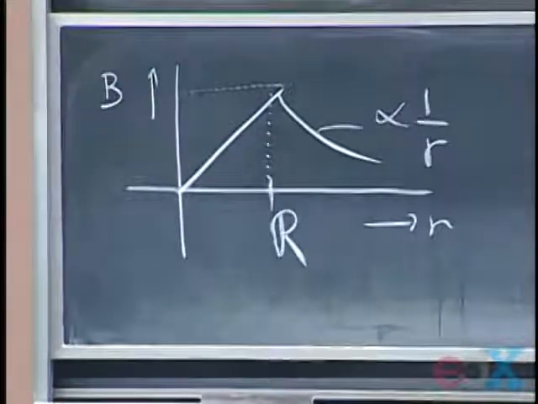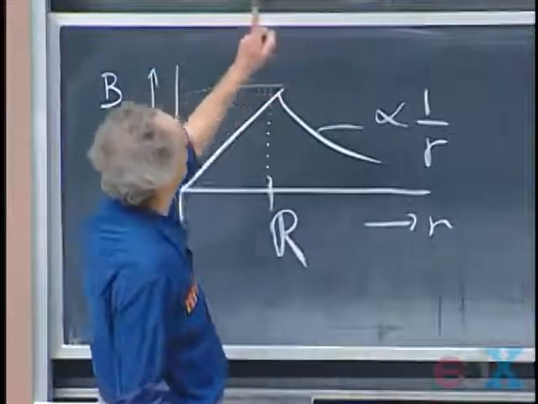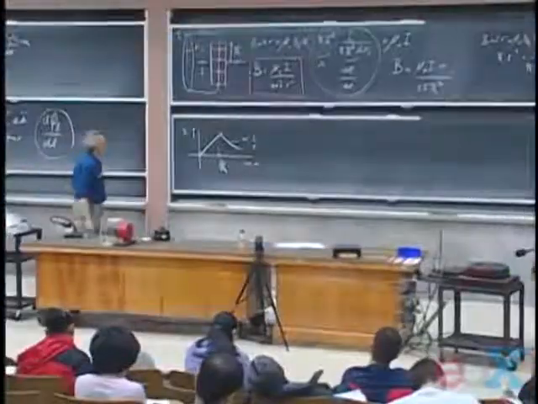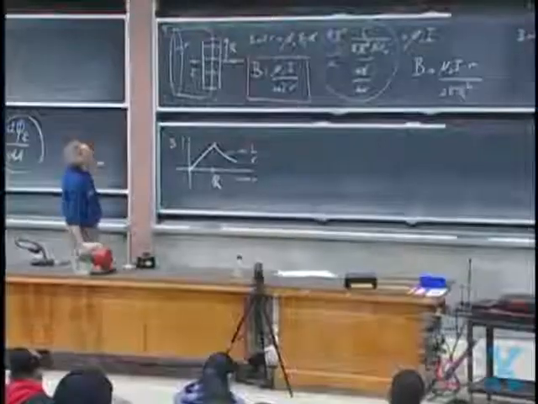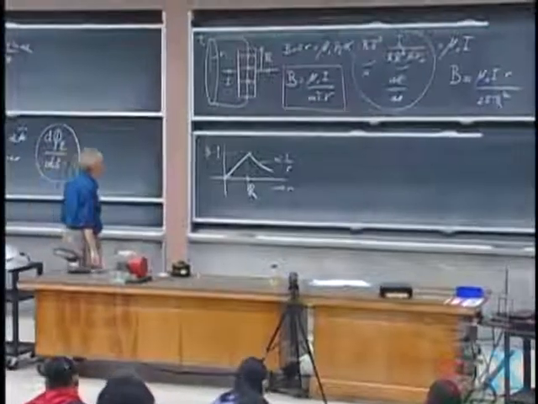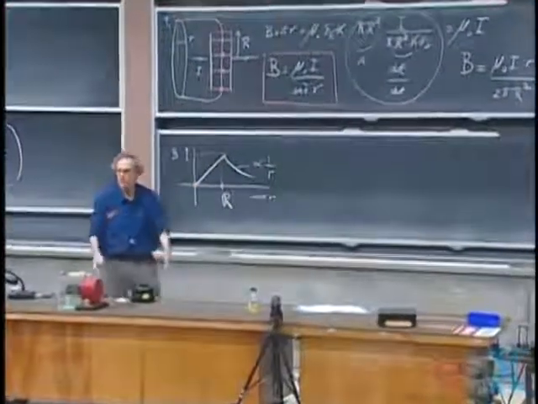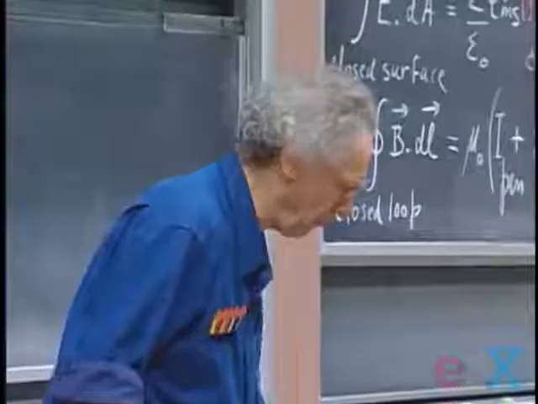And you can do your homework on that. That is very trivial to calculate, to demonstrate that when you go beyond the edge of the capacitor, then it falls off as 1 over r. Just in the same way that point P1 is doing. So now we have a tool to calculate the magnetic field even inside capacitors while we were charging, which we didn't have before.